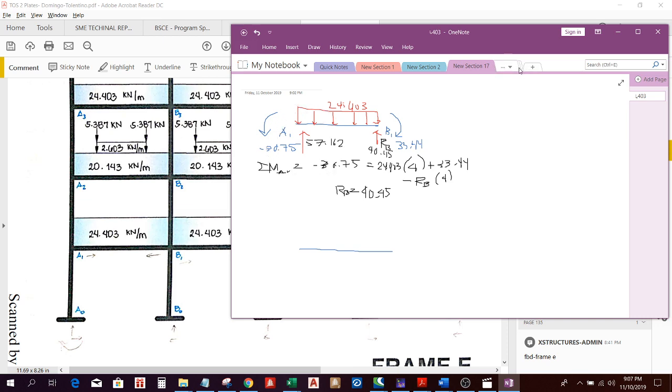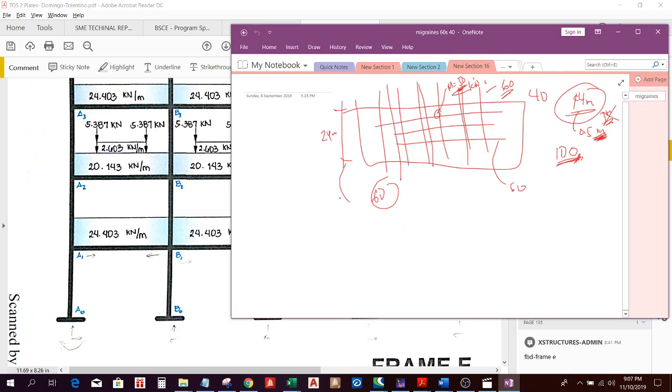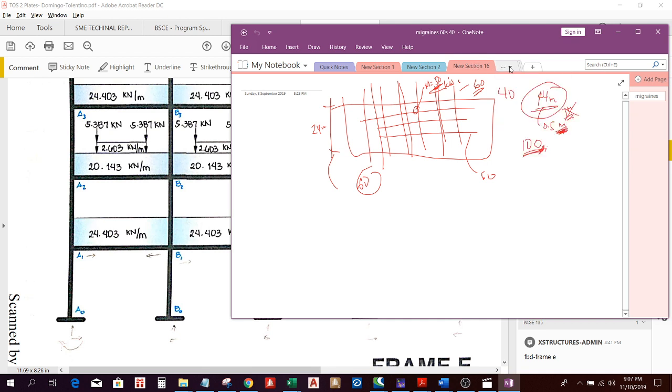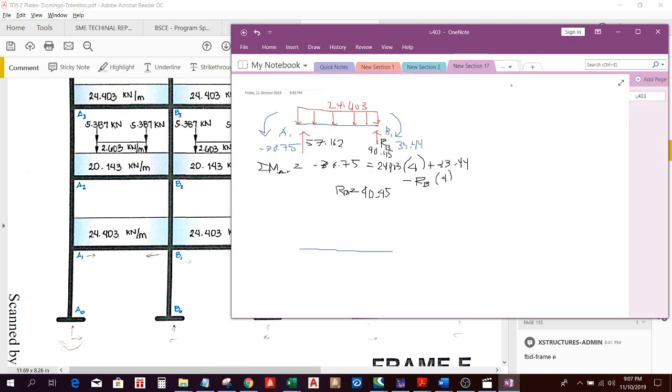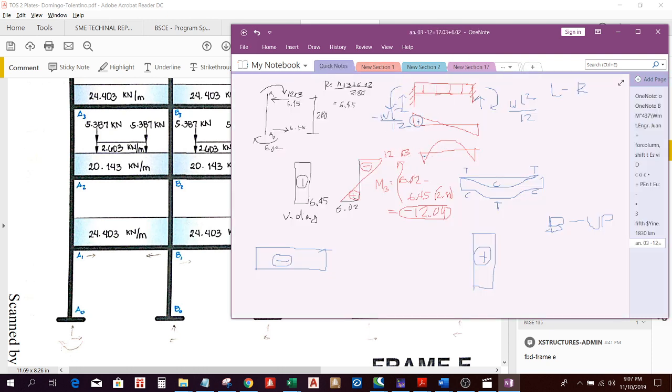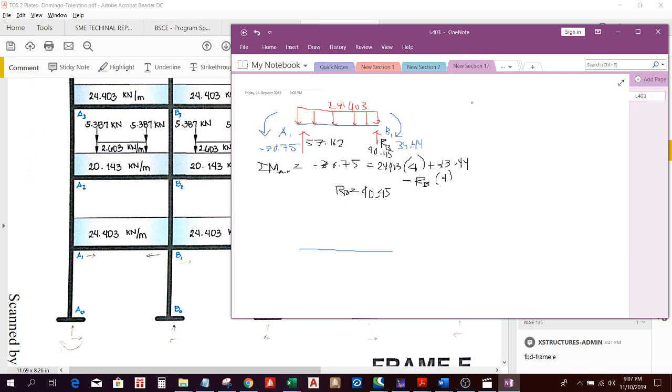It's our convention: going up, positive. So this is 57.162, first degree, and this is definitely 40.45.